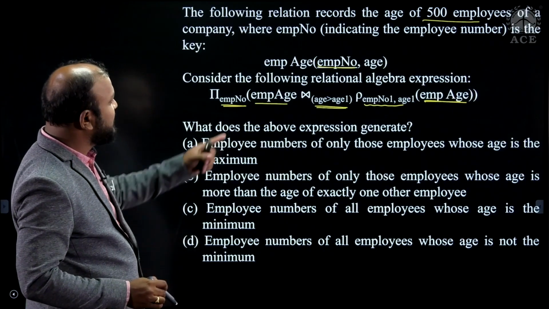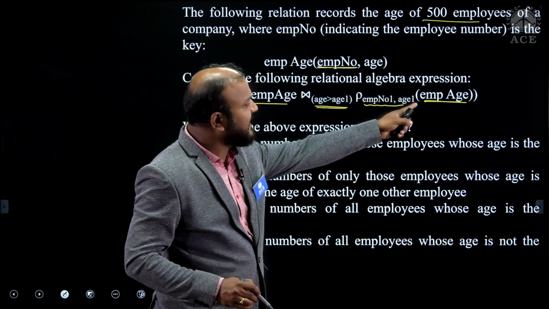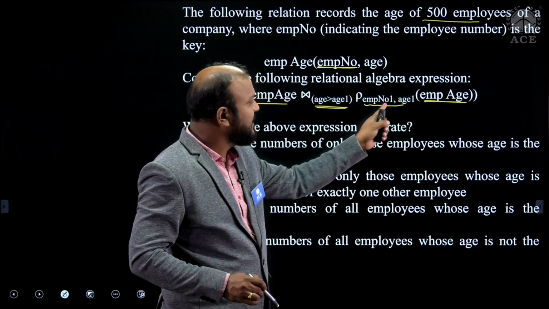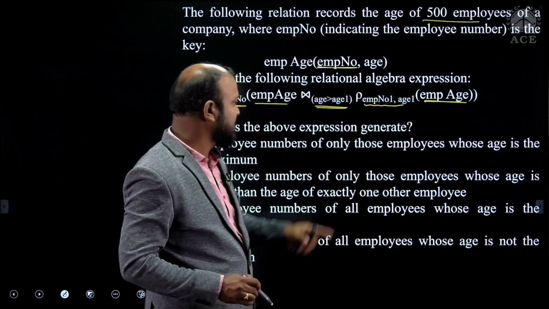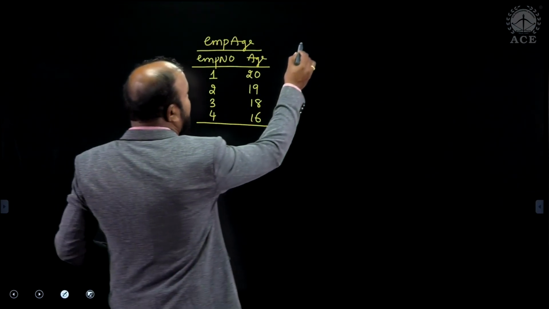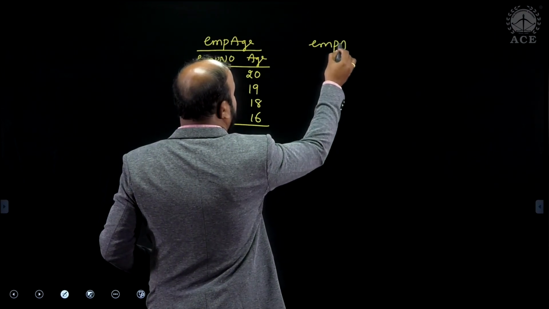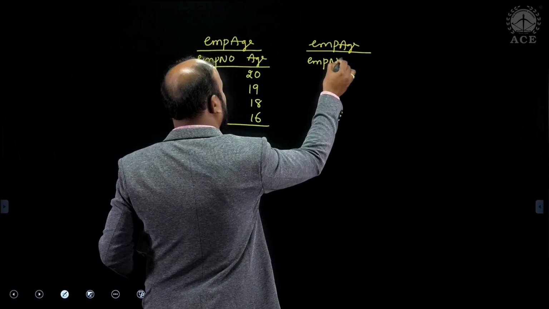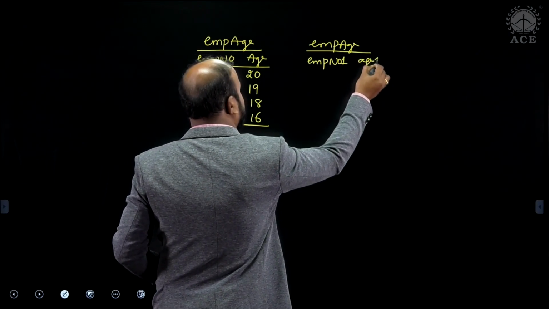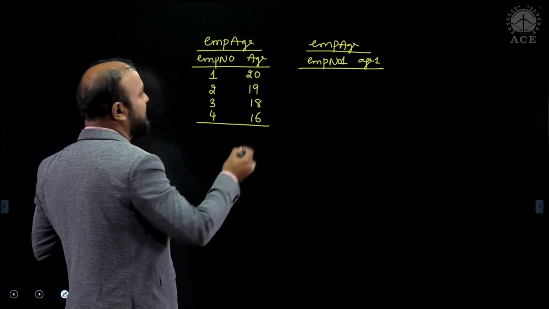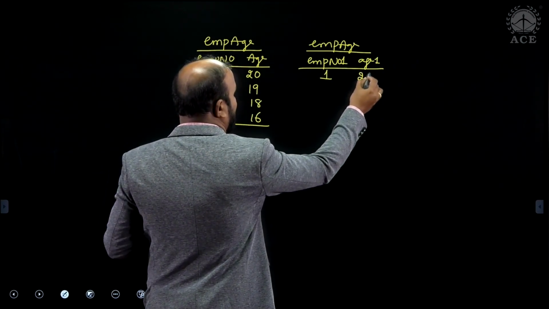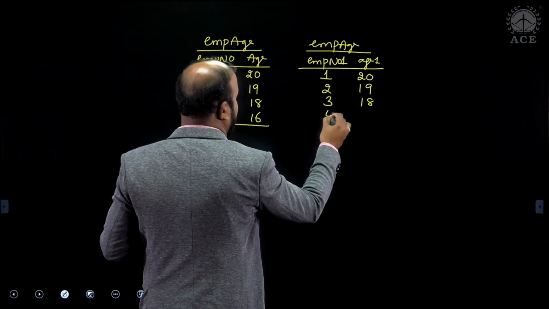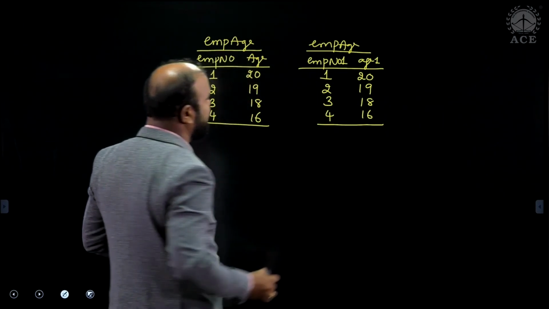When you look at the second table, again it is an instance of the first one, EMP age itself, but the table is renamed with attributes EMP number 1, age 1. Because it is an instance of the table, you can copy the same data: 1, 20, 2, 19, 3, 18 and 4, 16. Fine.